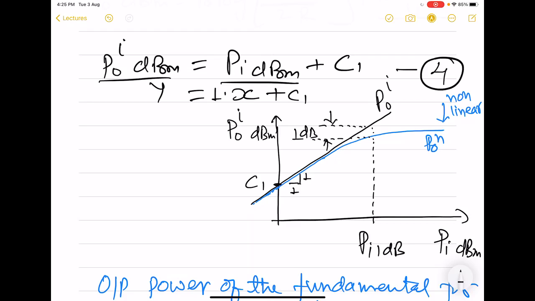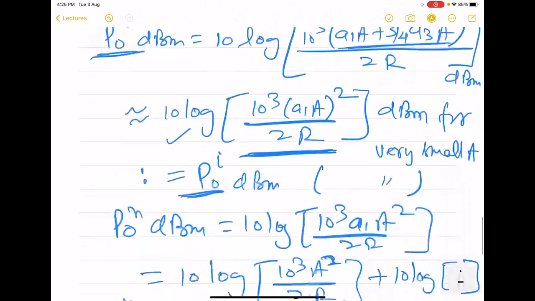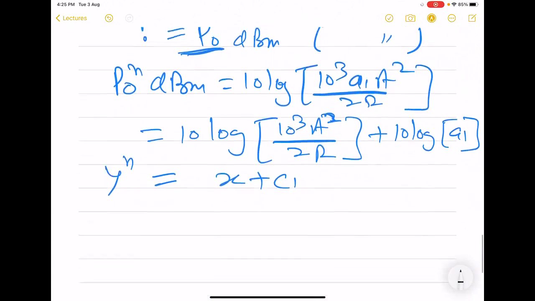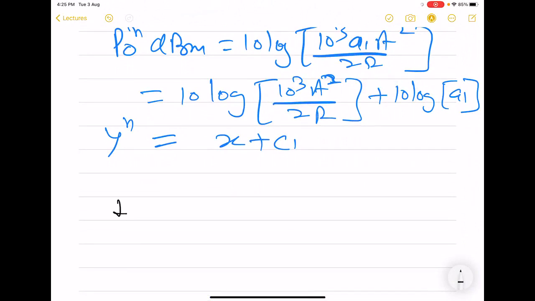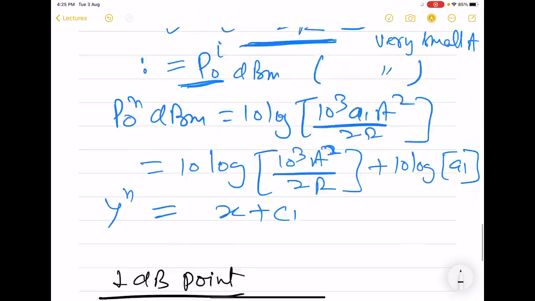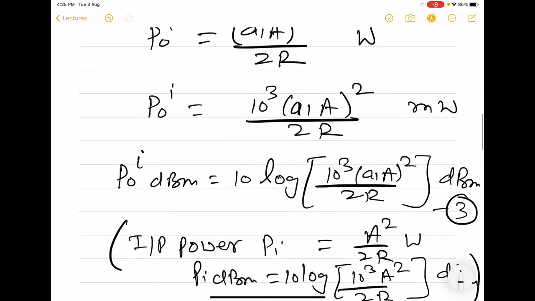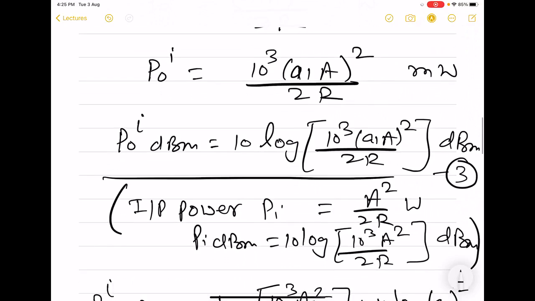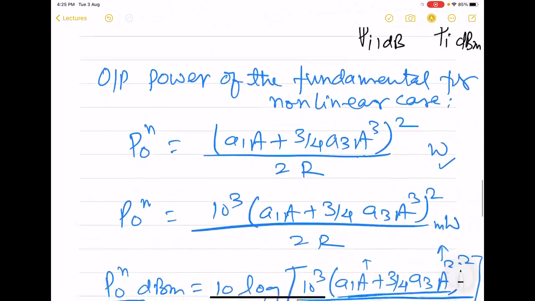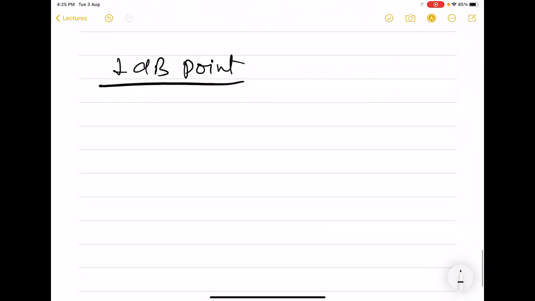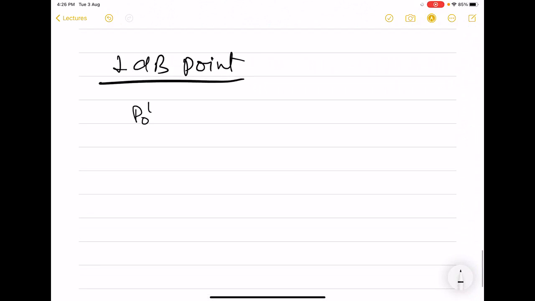This we have already discussed in the previous class. So now we are going to find out what this value will be. For this case, we have to find out the ideal minus the actual case. So this is the ideal case, both in dBm.